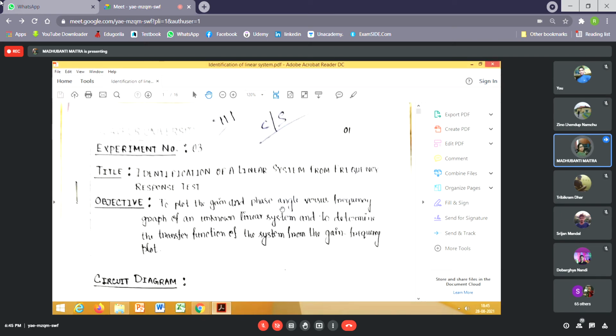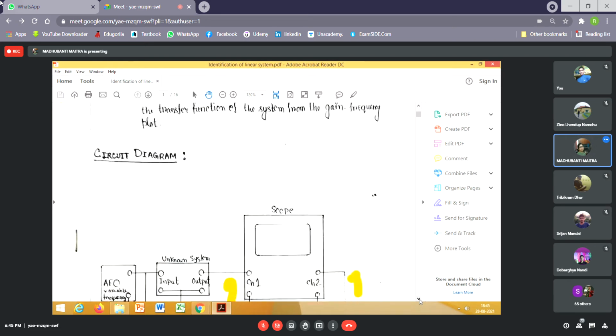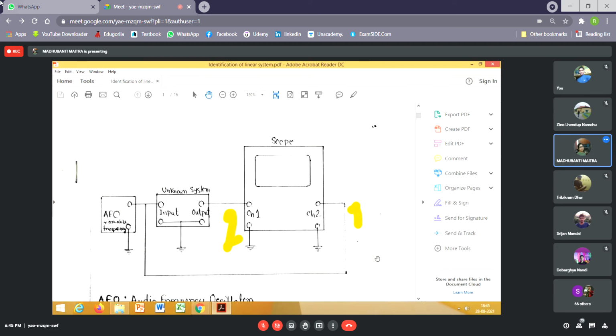So this is a report prepared by one of your seniors. The report is not a very good one. Anyway, we have already discussed these things. The diagram drawn in this report is incorrect. The diagram given in your instruction sheet is the correct one. Again, I repeat, we will connect the input signal to channel 1 or X channel of the scope, and the output should be connected to channel 2.